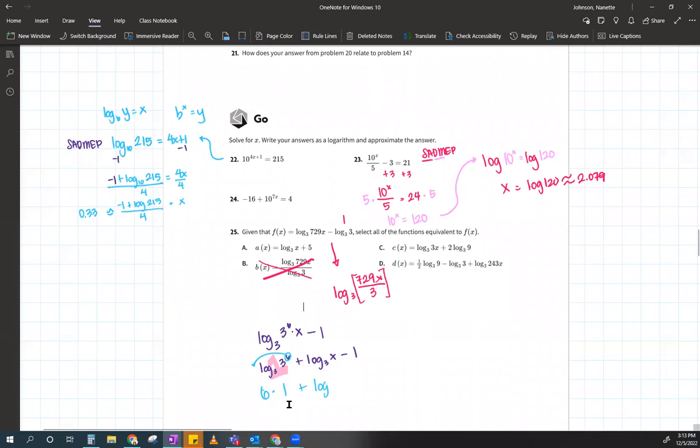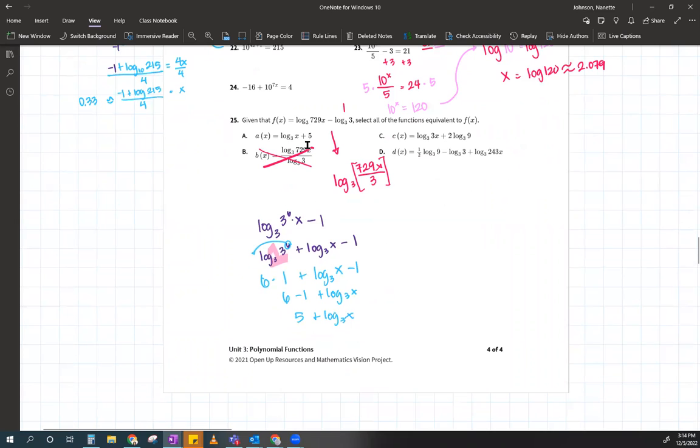So 6 times 1 is 6, minus 1 is 5. So then, therefore, my answer is 5 plus log base 3 of x, which does match this, right? It matches that really well. So I'm going to circle A for sure.